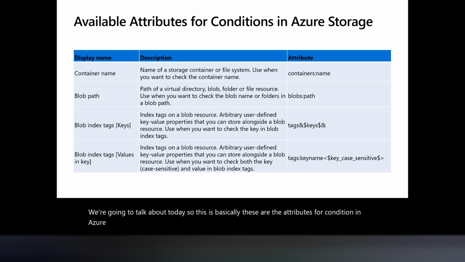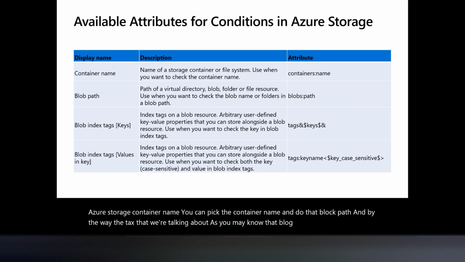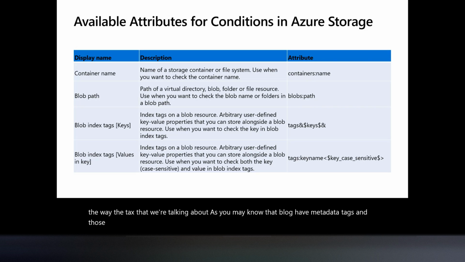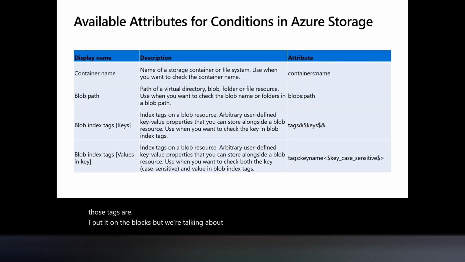Container name, you can pick the container name and do that. Blob path, and by the way, the tags that we are talking about, as you may know, blobs have metadata tags, called metadata on the blobs. But we are talking about a specific tag: blob index tags.